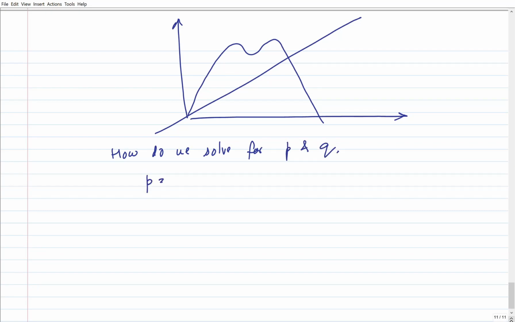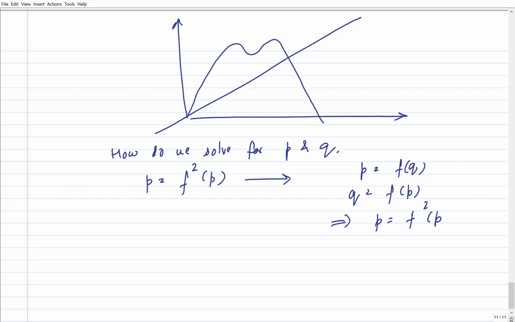Well, we notice that p equals f square p. This is the equation we have to solve, because ultimately p was f of q, q was f of p, which implied p was the fixed point of this map f square.